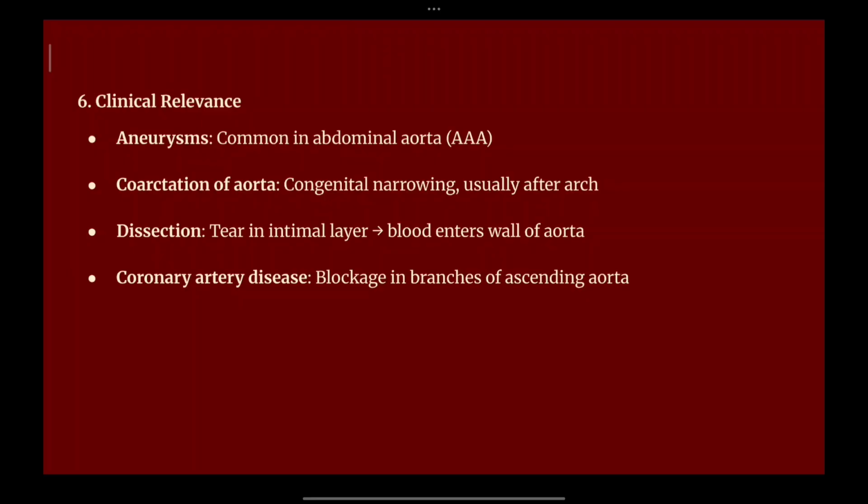Now coarctation is a congenital narrowing of the blood vessels. If the blood vessels are narrowed down, there is a smaller space for the blood supply, so the blood pressure might be high. We'll be studying coarctation of aorta again in pathology. This is usually found in the arch of aorta.